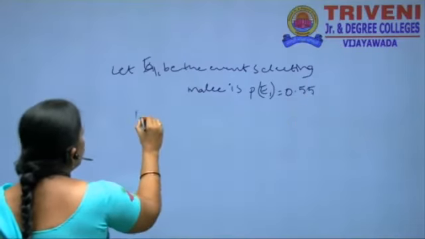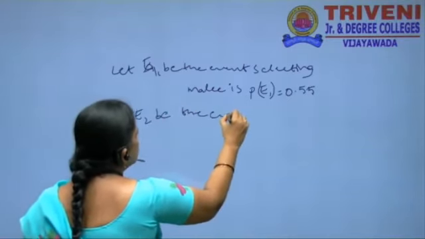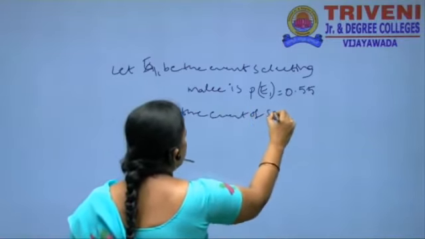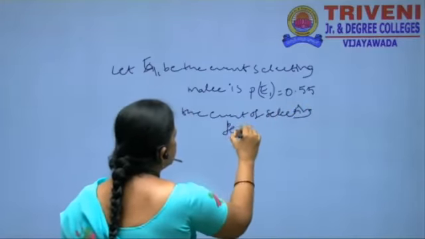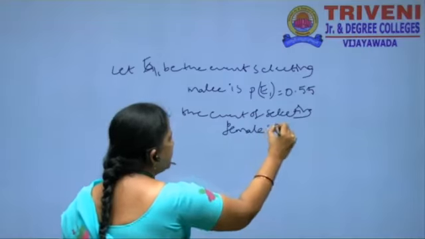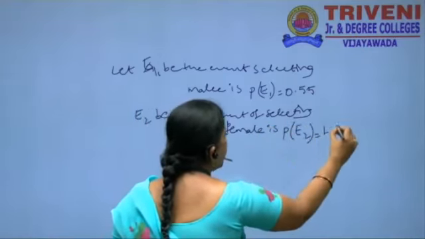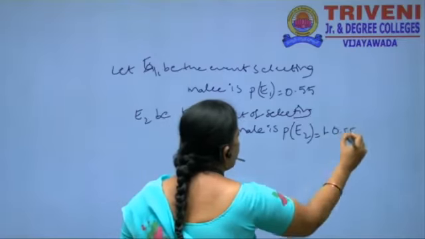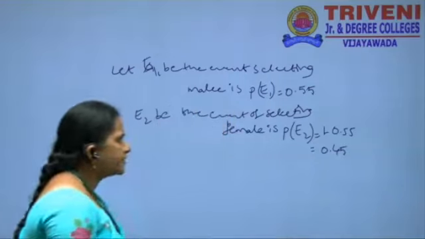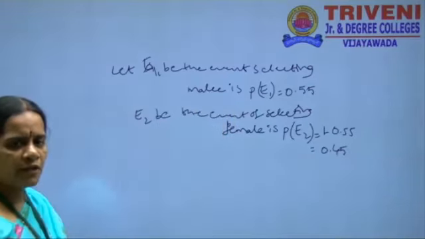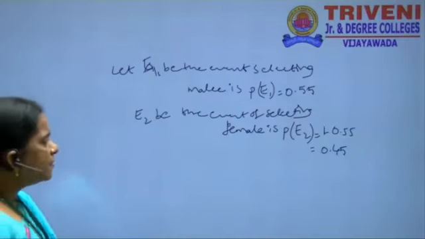E2 be the event of selecting a female. The sum of the probabilities is 1 here, so P of E2 is equal to 1 minus 0.55, that is 0.45. P of E1 is 0.55 and P of E2 is 0.45.